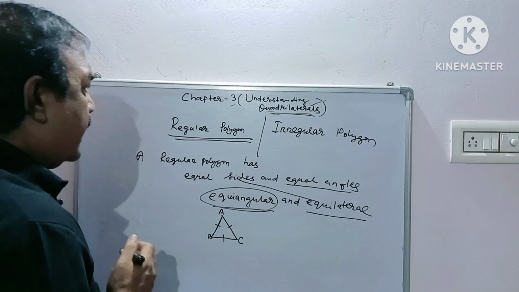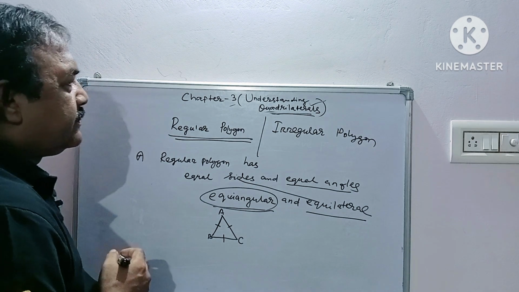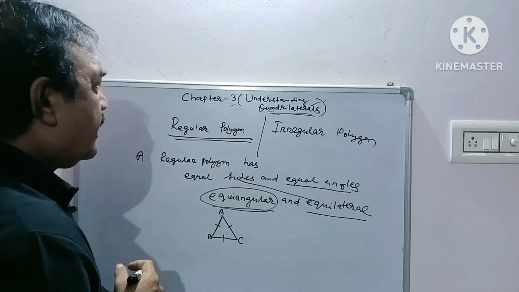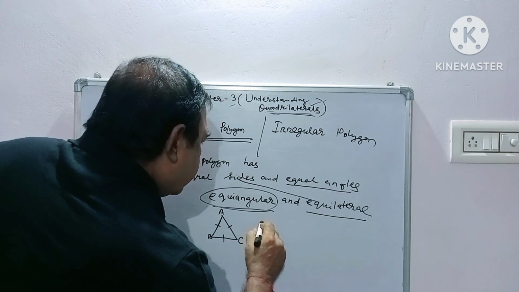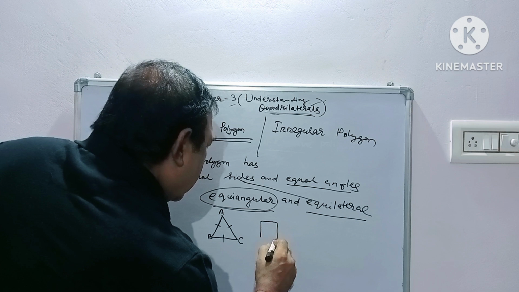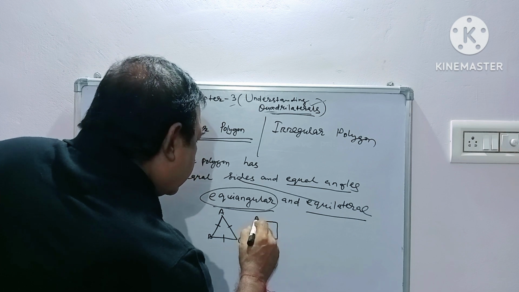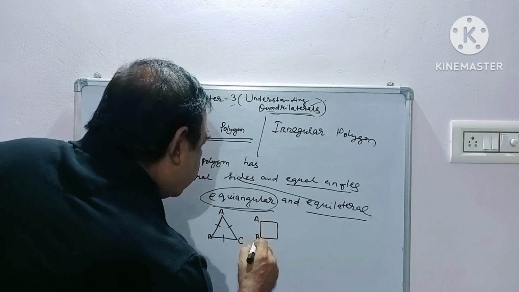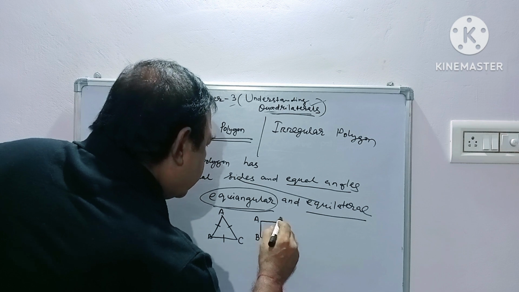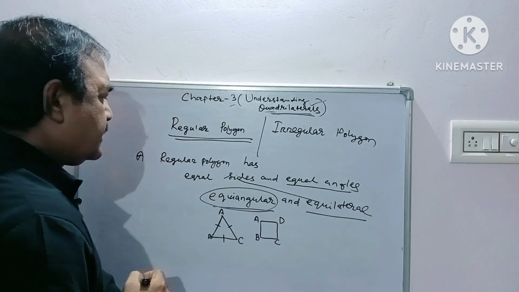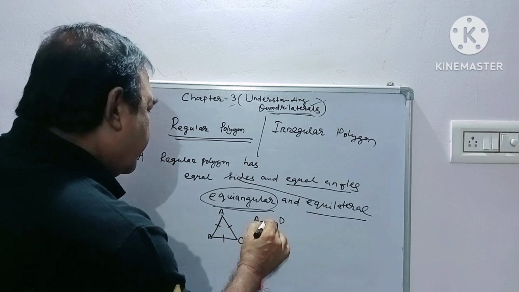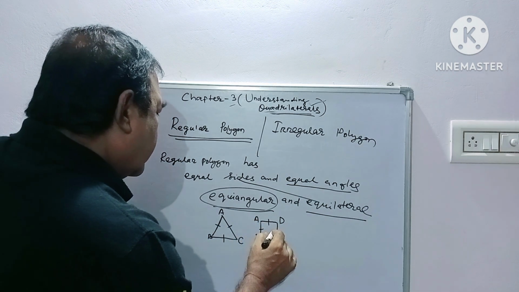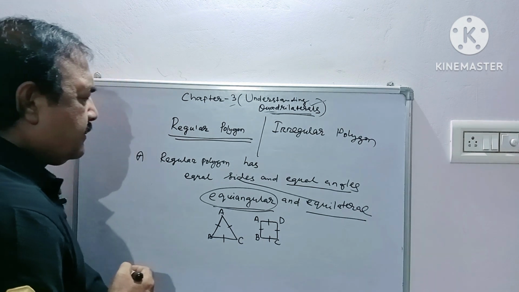Okay? And in the case of a quadrilateral, we may see a square. All the sides are of equal length. That means the length of AD is equal to the length of AB is equal to the length of BC is equal to the length of CD.